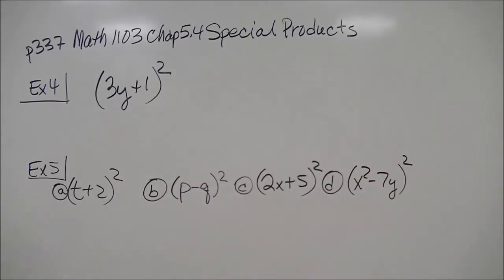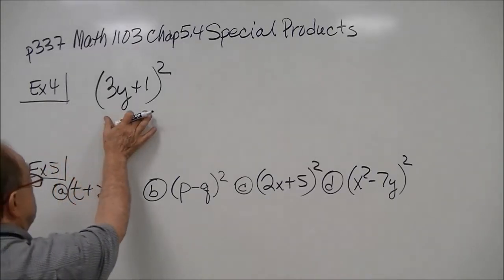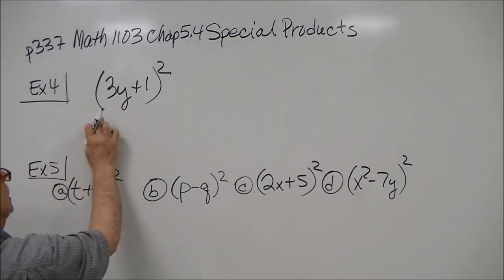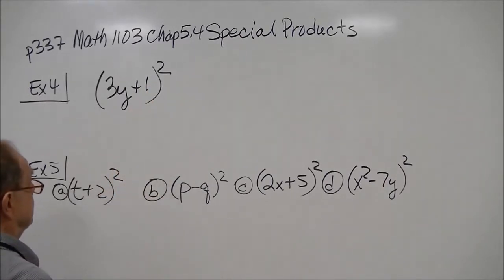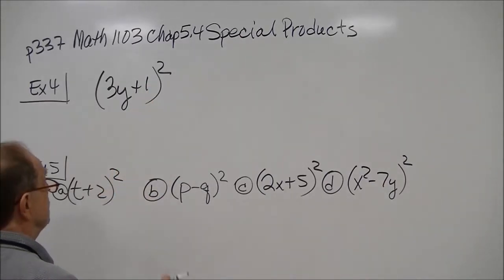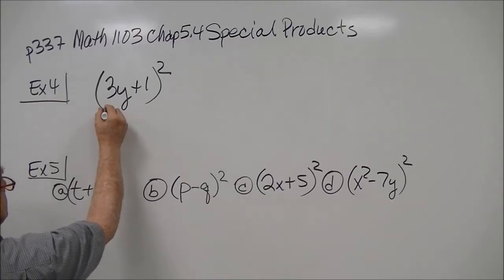Now, keep in mind that we call this section special products. So we had this before where we just repeated it twice, and we could FOIL, or we could use the special way of multiplying a binomial that will be squared. And the rule is square this first term.